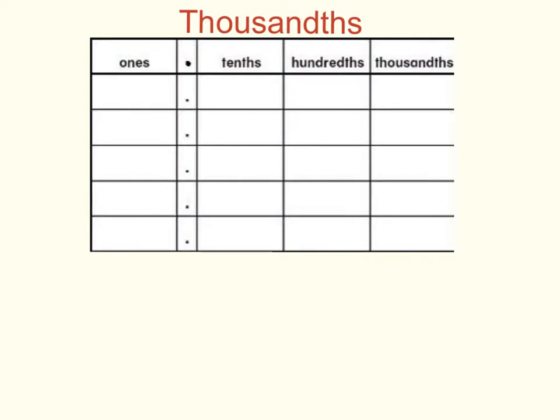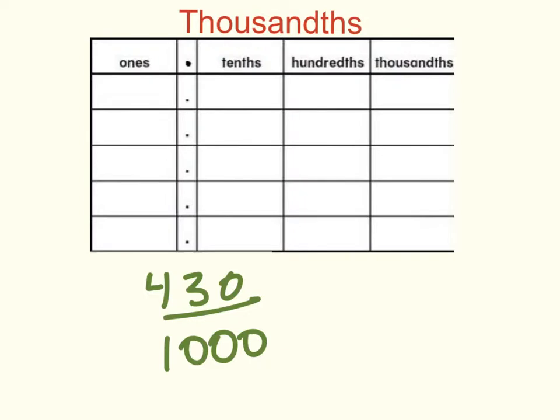Here's a place value chart that represents tenths, hundredths, and thousandths. You notice that it's 3 spaces after the decimal. If we want to write a number like 430 thousandths as a decimal, because we're writing about thousandths, we have to include our place value up to our thousandths.